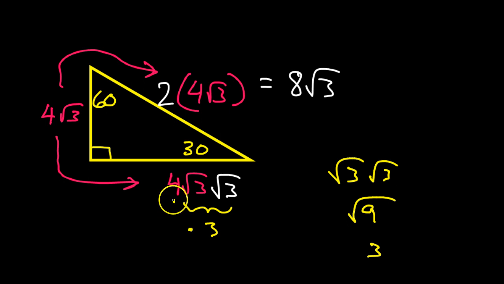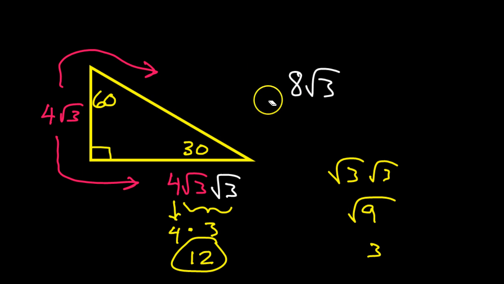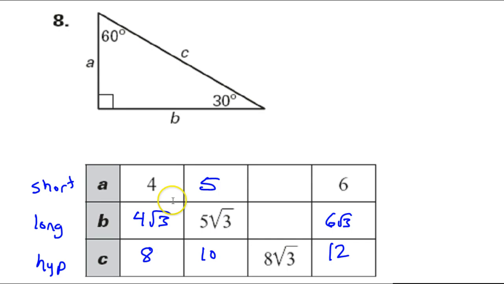And then we still have the 4 that I just bring down. So this winds up being 4 times 3, which turns out to be 12. Okay, so the long leg turns out to be 12. So let's just work backwards and understand. Okay, in fact, let me go ahead and jump back to the actual problem.